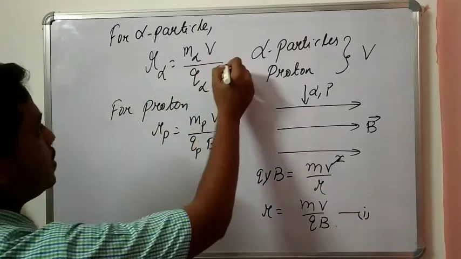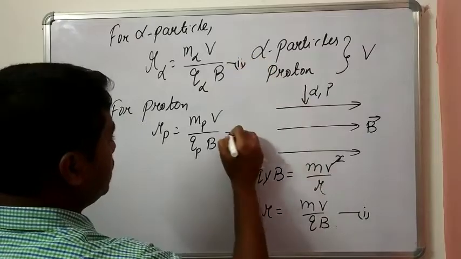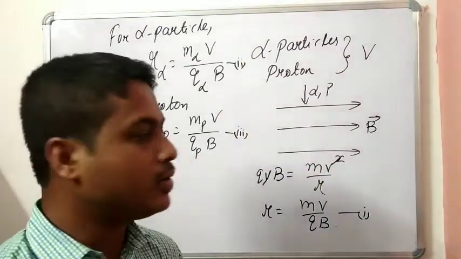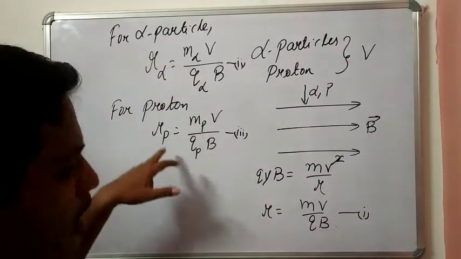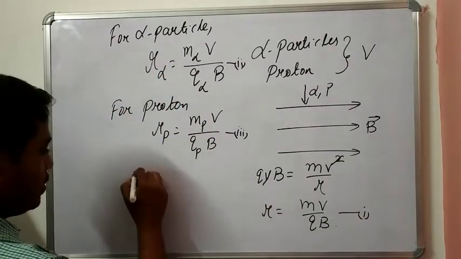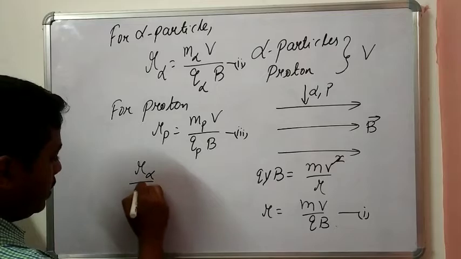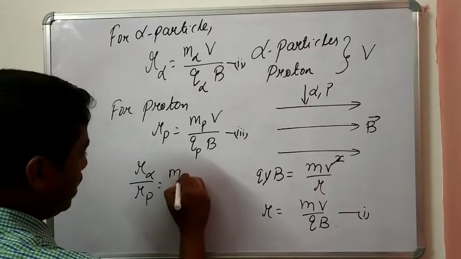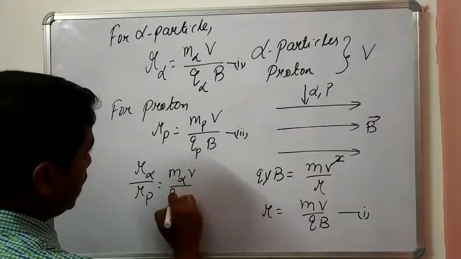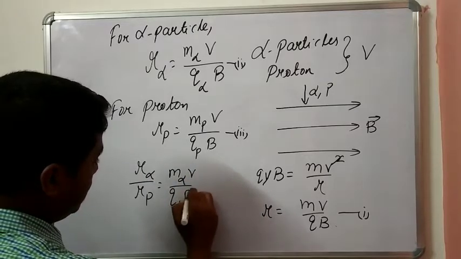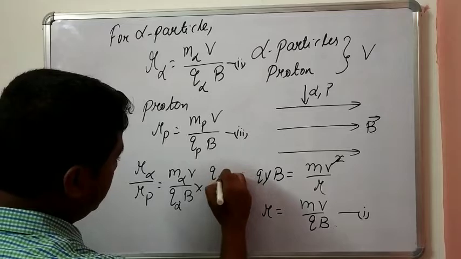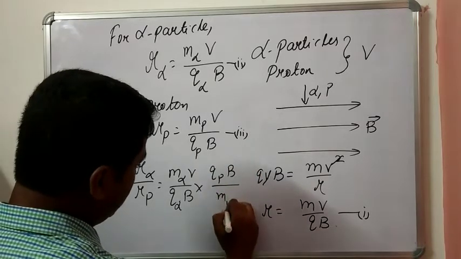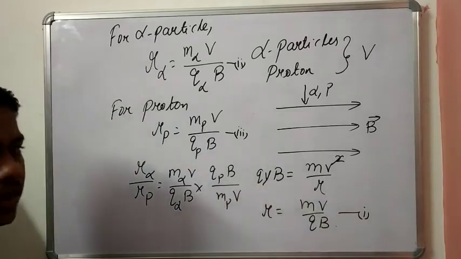If I mark this as equation number 2 and this as equation number 3, it is given in the question that we have to find the ratio of the alpha particle and proton radii. So the radius of the alpha particle by the radius of the proton we can write as m alpha v by q alpha B, into qp B, the charge of the proton into the magnetic field, divided by the mass of the proton into its velocity.